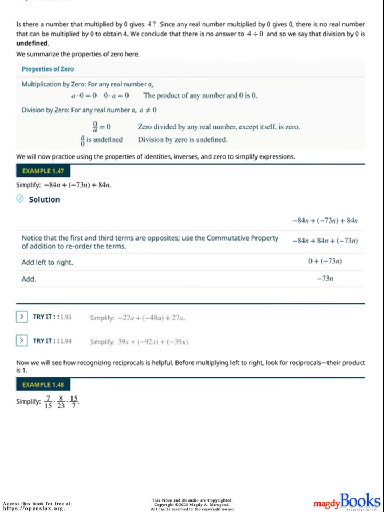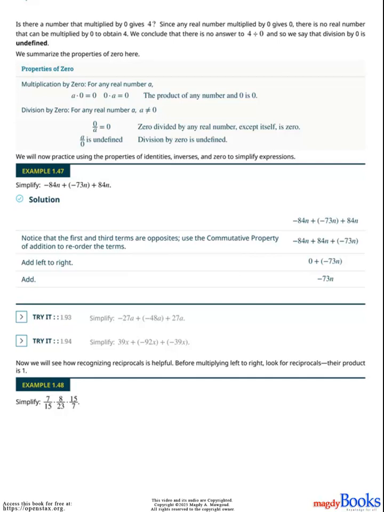Is there a number that, multiplied by 0, gives 4? Since any real number multiplied by 0 gives 0, there is no real number that can be multiplied by 0 to obtain 4. We conclude that there is no answer to 4 divided by 0, and so we say that division by 0 is undefined.